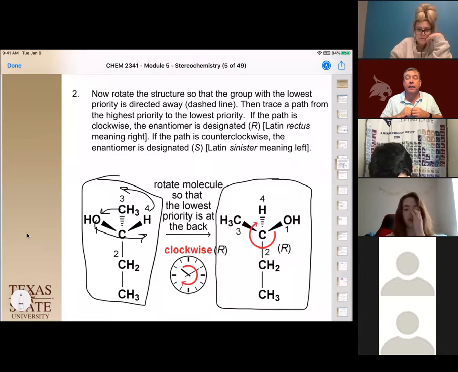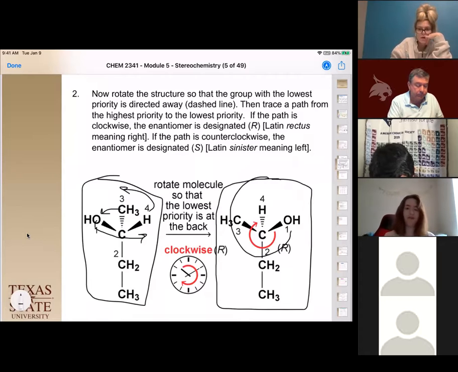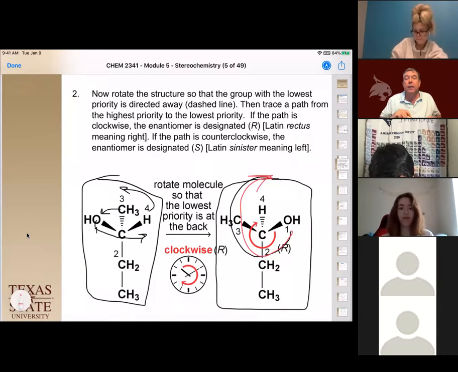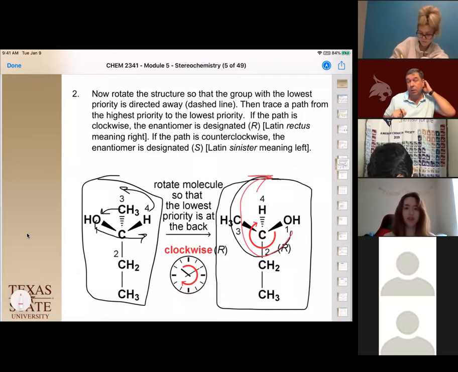The way we do that is we look at the numbers in order, 1, 2, 3. And if the numbers in order are going in a clockwise fashion, then we call this rectus, or right.